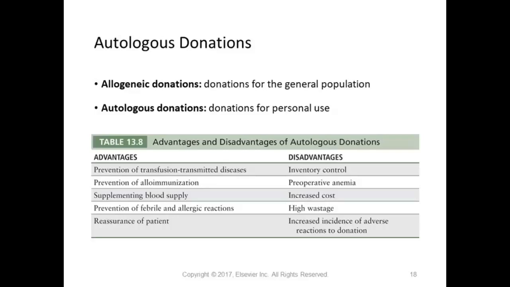If the person's antibody screen is negative, then they would only have to do an immediate spin. If that person has an antibody, then they'll probably have to do it through gel. So whatever your hospital policy is.